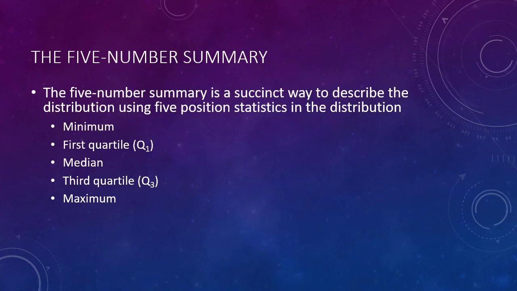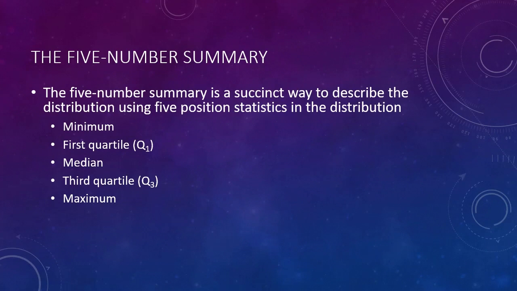These statistics are in order from smallest to largest: the minimum, the first quartile, the median, the third quartile, and the maximum. Knowing these statistics gives us a pretty good picture of both center and spread in a quantitative distribution.